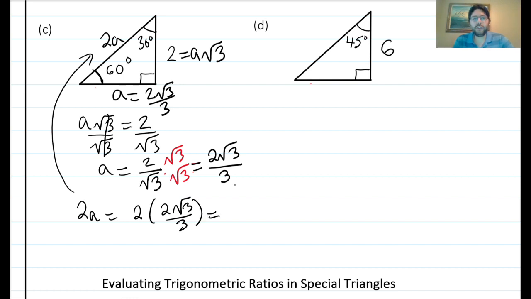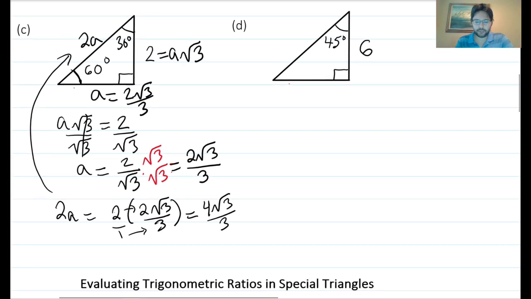And all we have to do is multiply the 2 times 2, right? 2 times 2 is 4. You could put this over 1, and then 1 times 3 is 3. So we have 4 square root of 3 over 3. All right, so we know all three sides. One of the sides is 2, the other side is 2 square root of 3 over 3, and the other side is 4 square root of 3 over 3.